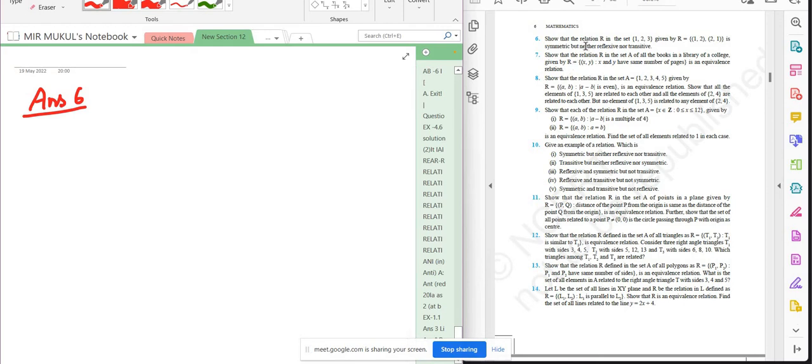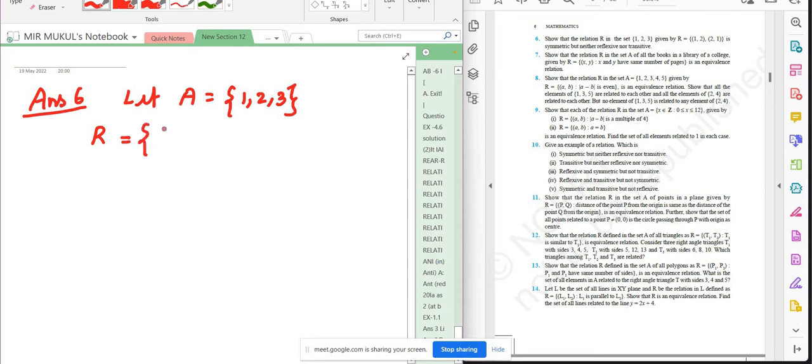So the set A equals {1, 2, 3} and the relation is defined as (1, 2) and (2, 1). First we show reflexive.